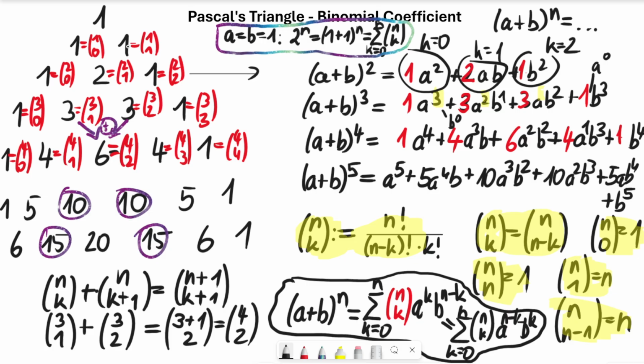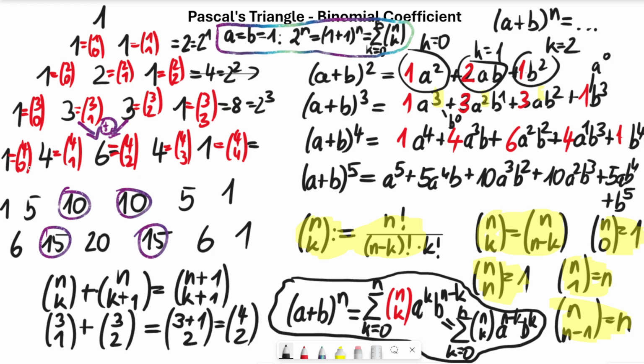And now we try it out. 1 plus 1 is equal 2, which is 2 to the power of 1. 1 plus 2 plus 1 is 4, which is 2 to the power of 2, 2 squared. 1 plus 3 plus 3 plus 1 is 8, 2 cubed.